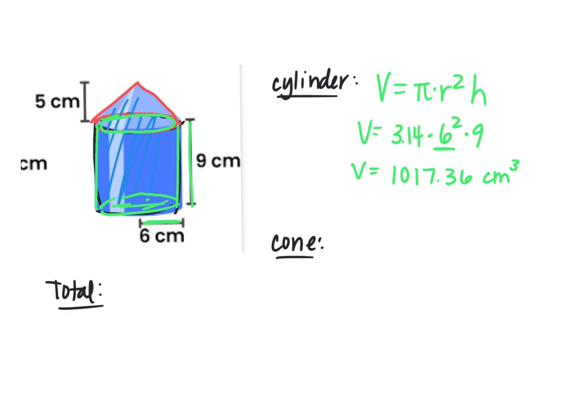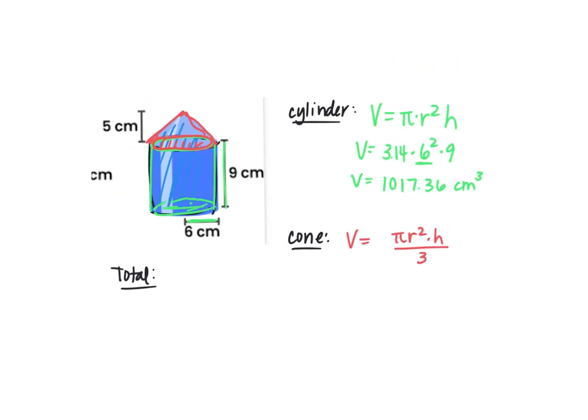All right, now let's go to the cone. Again, I'll trace that in pink so I see this cone here. Okay, volume formula for a cone is I'm going to do pi r squared, because that's the base of that cone, times the height, and then I just like to divide it by 3. Again, you can do it another way as well. So I'm going to do pi is 3.14.